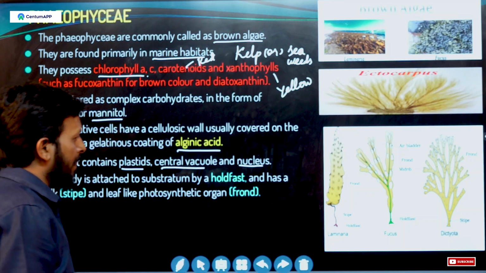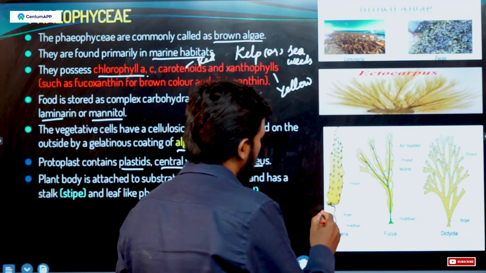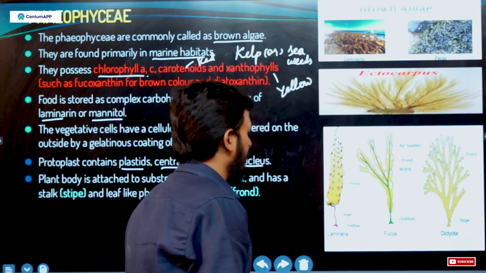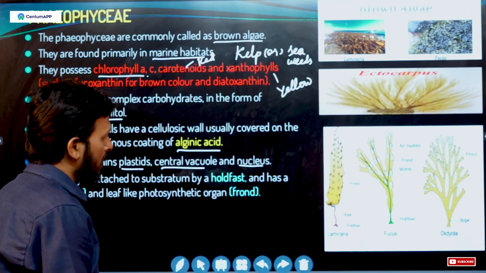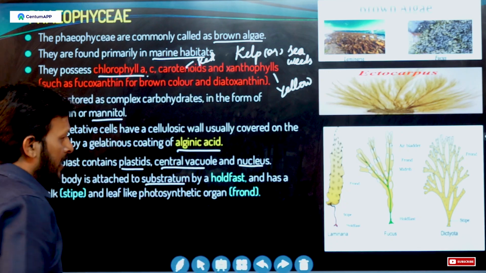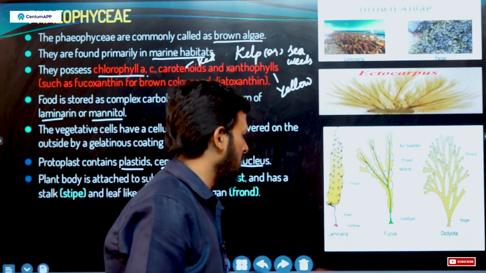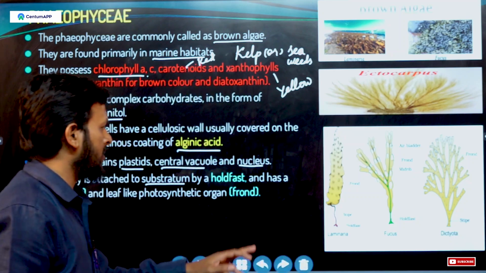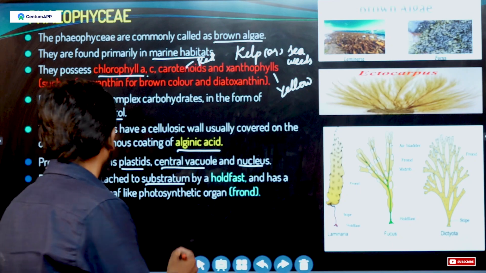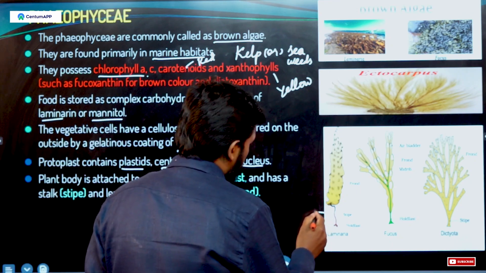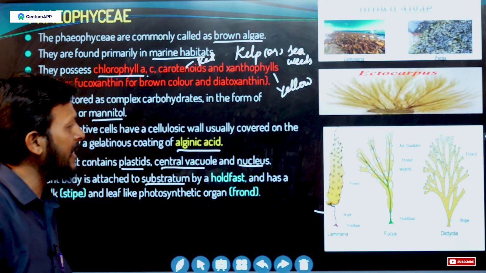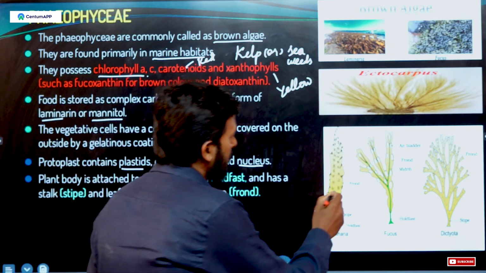In the plant body there are different plant structures like the holdfast, a substratum to attach to the ground. Next, the stipe is a stalk-like structure, and the leafy appendages we call the frond.